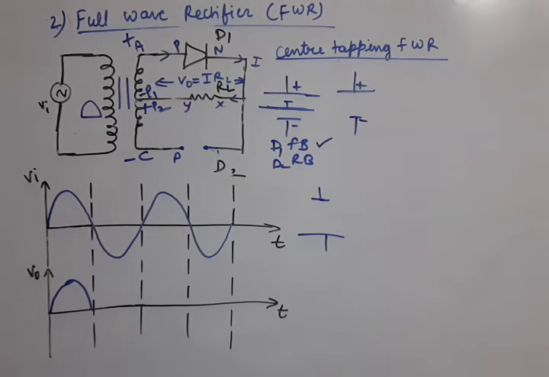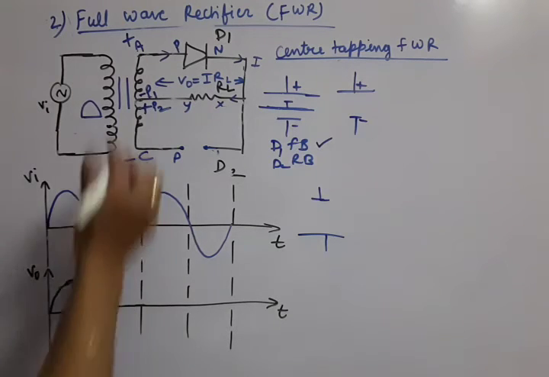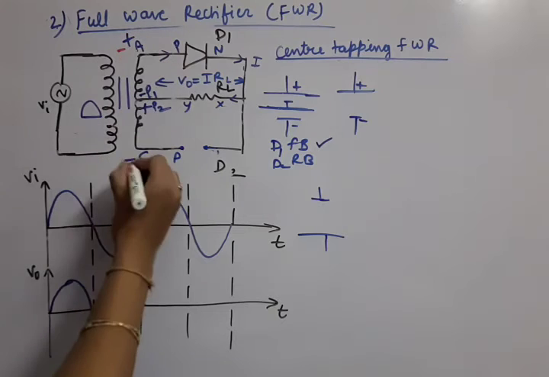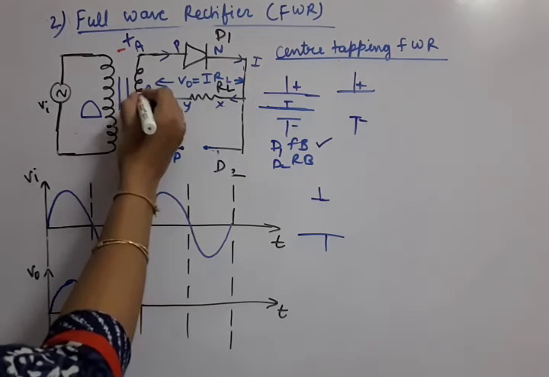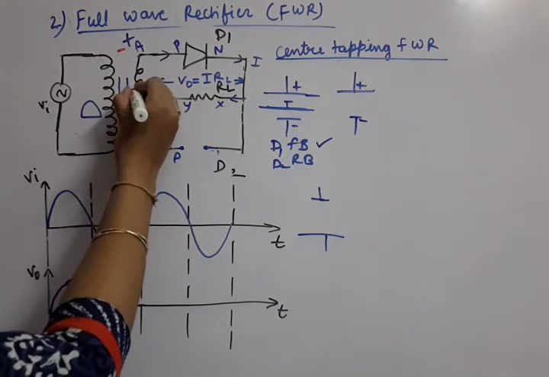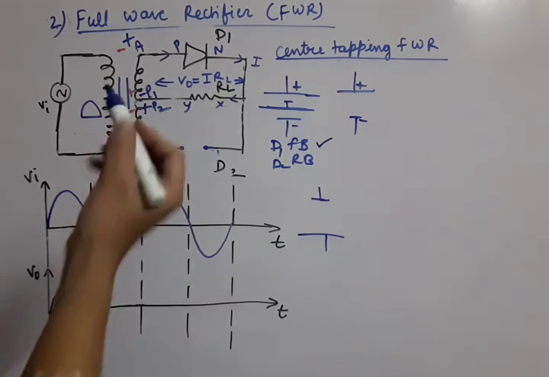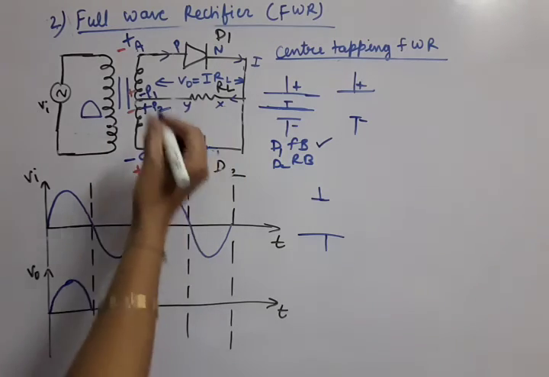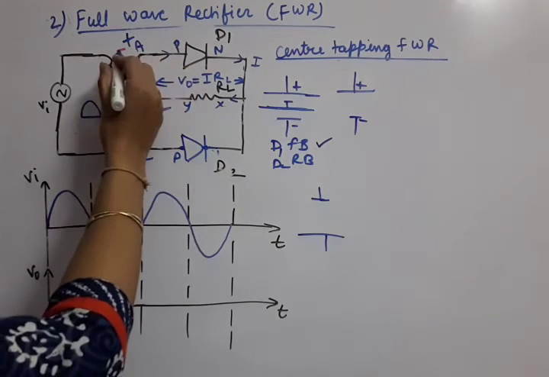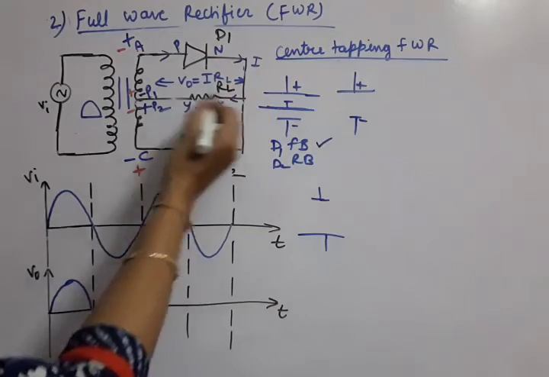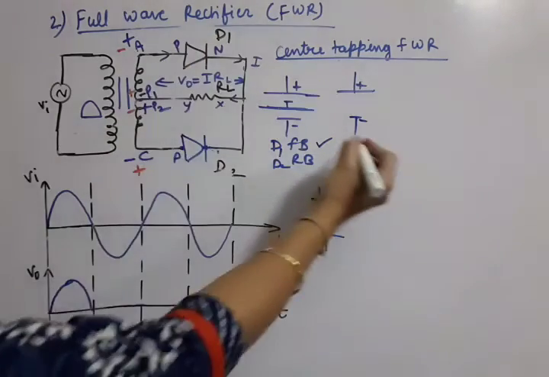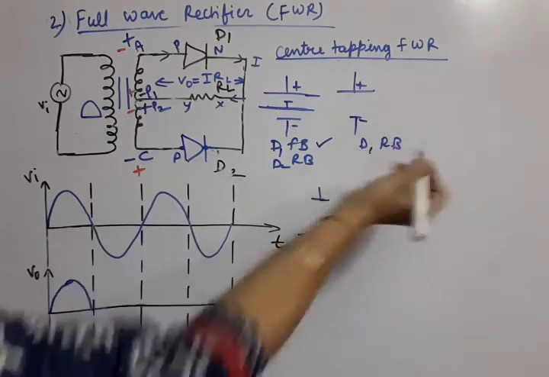When the negative cycle is applied, this end is negative and this end is positive, and because it is broken from the midpoint, we show plus and minus. Now you can see what happens to the biasing. P of D1 is now connected with negative, N is connected with positive, so diode D1 is reverse biased.